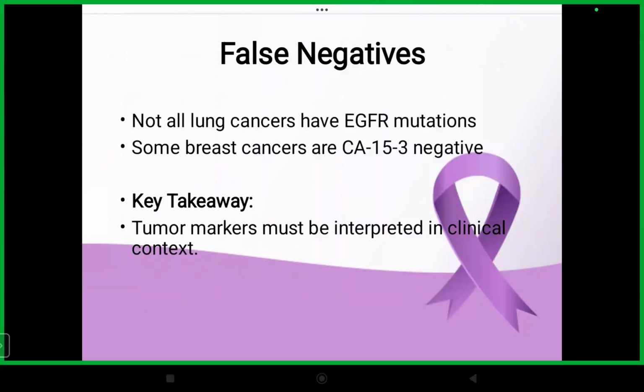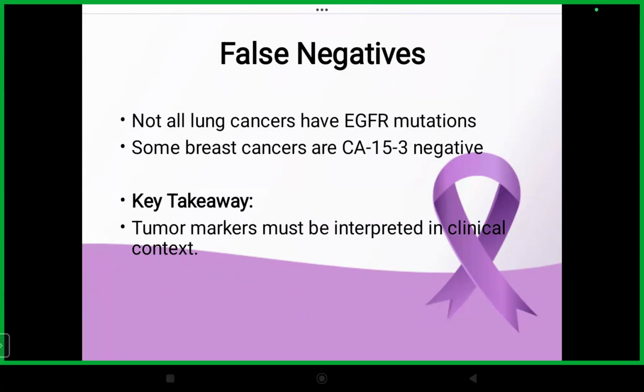Then there can be false negatives also. That is, not all lung cancers will have EGFR mutations, right? EGFR mutation can help you in deciding whether you can give a targeted therapy or not. But if it is absent, it doesn't mean there is no lung cancer.